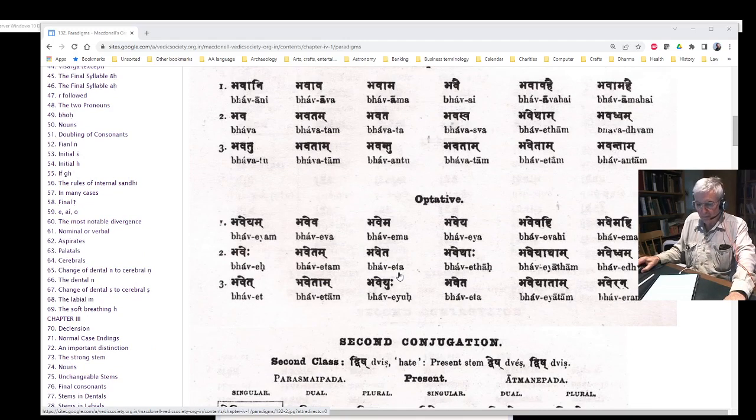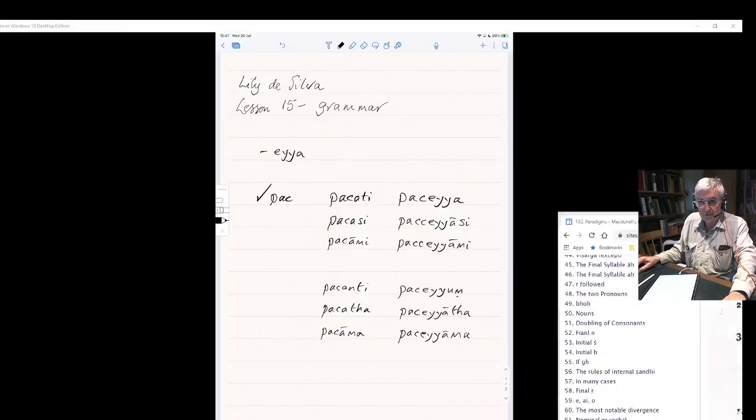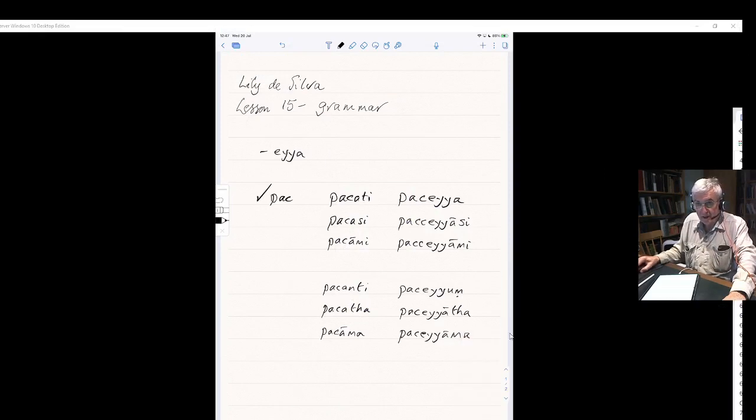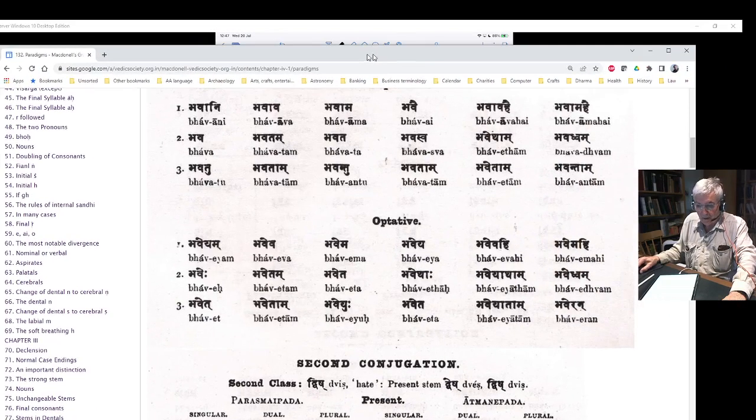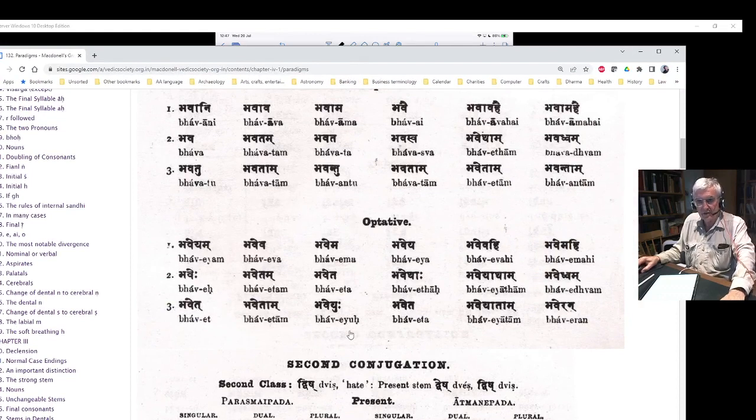Likewise, the optative in Pali, this would be bhavayata, as I've just shown you on the screen here. You see pachayata in Sanskrit. In Sanskrit, bhaveta and bhaveyu. Note there's a characteristic e in all of them. Bhaveyam, bhavet, bhavema, bhaveta, bhaveyu. I'll continue to ignore the dual.